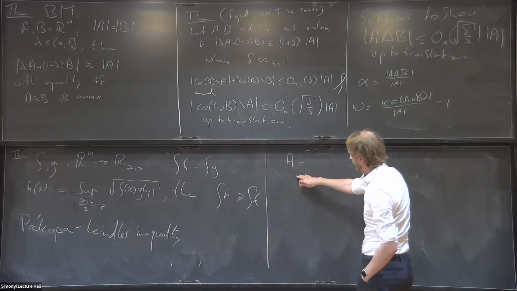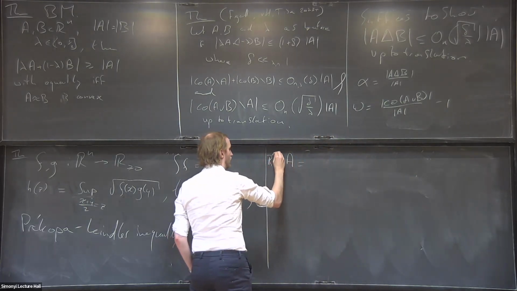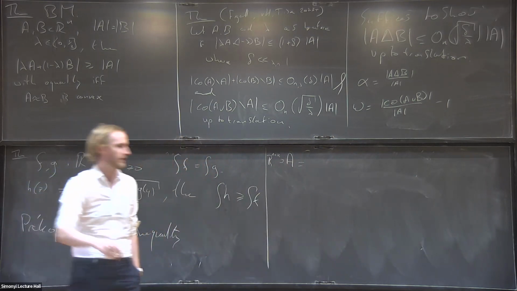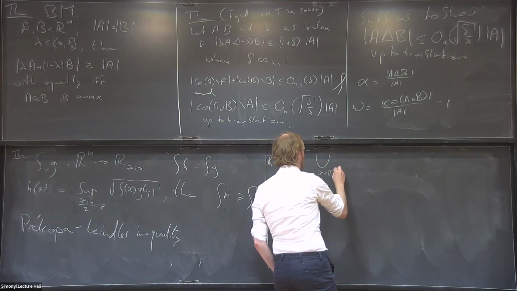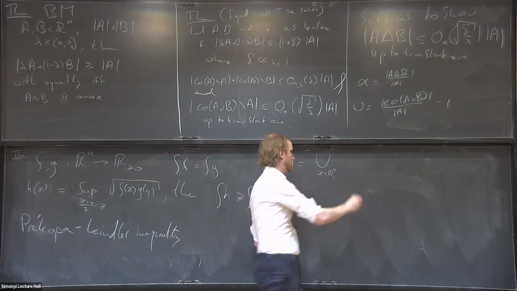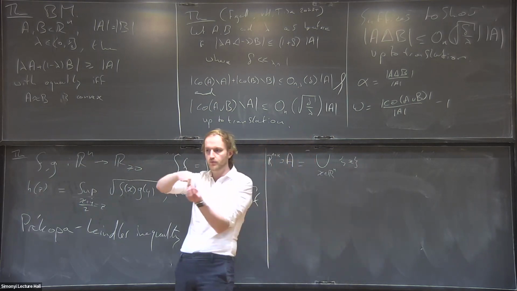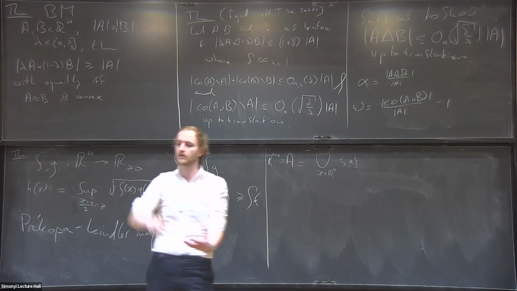Let's take my set A, which is going to be in R^(n+k). So I'm going to add these k dimensions to my space. And what is it going to be? It's going to take a point in Rn, and at that point, I'm going to put a square of volume f of x.